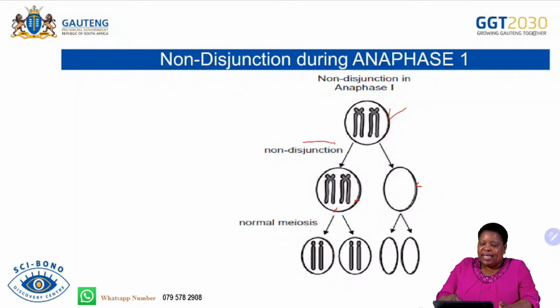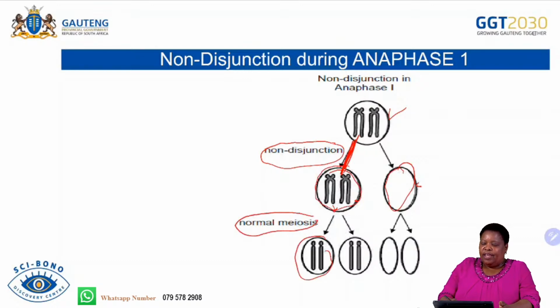So if you compare this one and the original one, it still has 2. It means chromosomes did not separate. Look at the other cell. There's nothing. And then normal meiosis takes place. When normal meiosis takes place, the haploid cell has chromosomes separating, each cell having half the number of the original. But if we look at this one, there's nothing. So what we are saying here is non-disjunction can take place in anaphase 1.